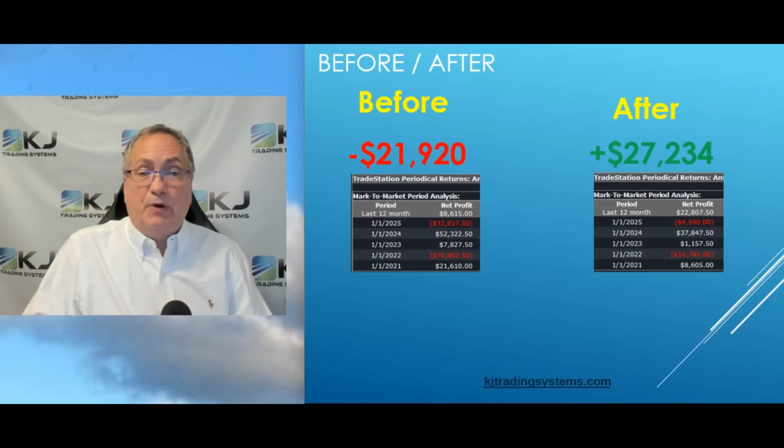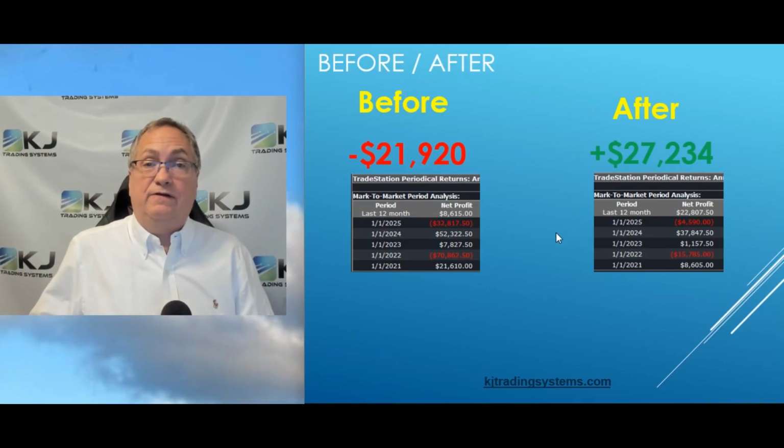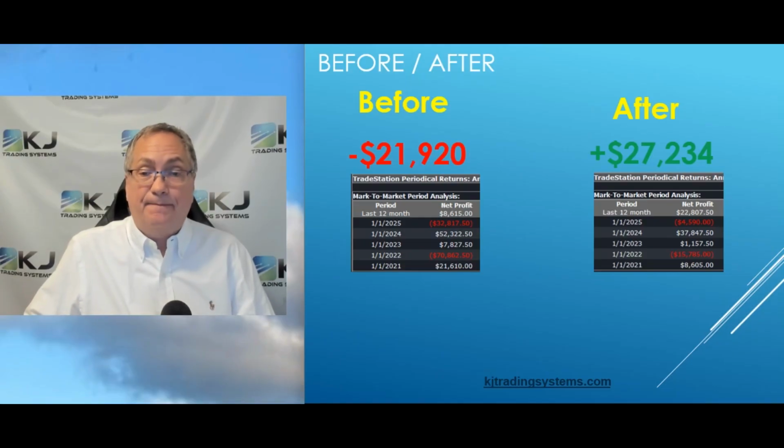So here's that sample strategy. And I just looked at the last 5 or 6 years here. And I turned what was a losing strategy over that period, with some big losing years, you can see on the left, to a winning strategy. So it trades a lot less, and what it does is it just stays on the sidelines when the volatility is high. Pretty neat.